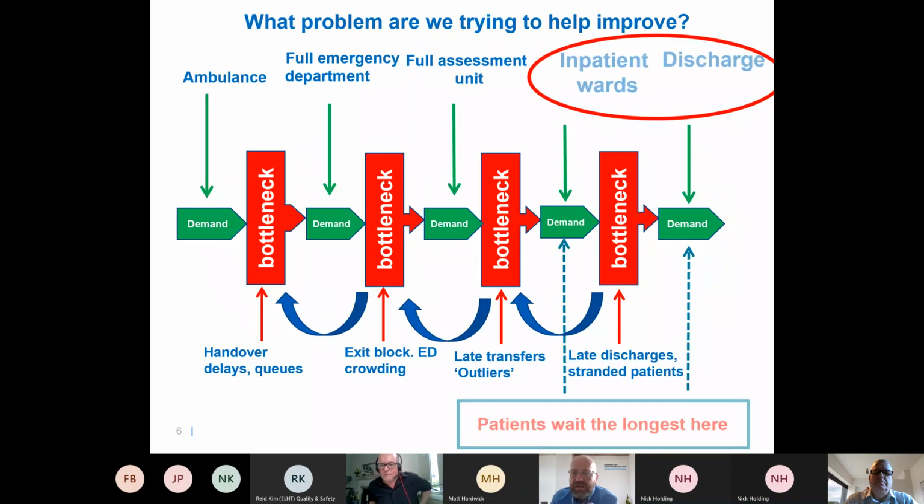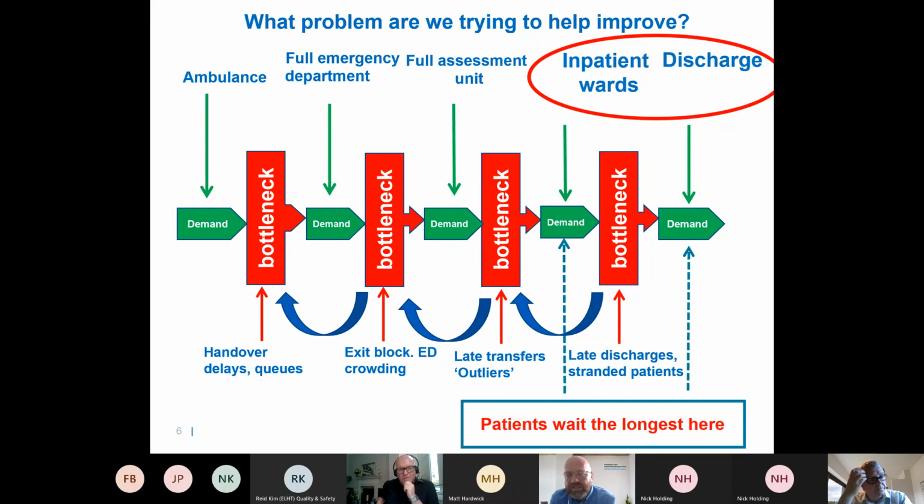And it's really important to start here that we look at the problem that we're trying to solve and that we're trying to improve. So there's lots of challenges with urgent emergency care, none more so than at the moment. And we fully acknowledge the challenges that people working in clinical services have at the moment, in these times where demand is increasing, where acuity is increasing, and where flow and discharge seem to be more difficult than ever.